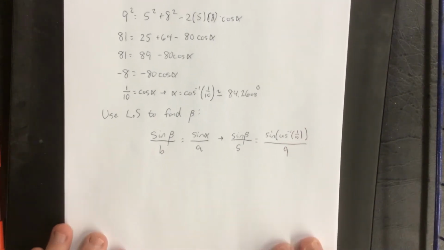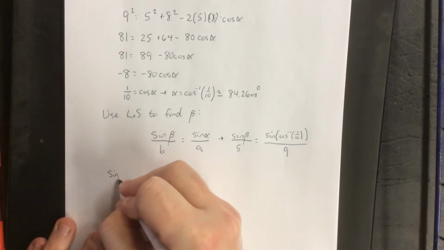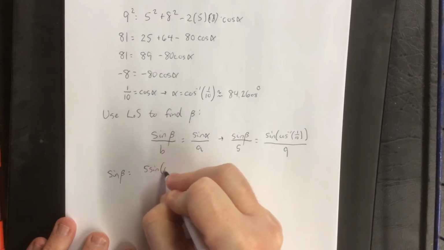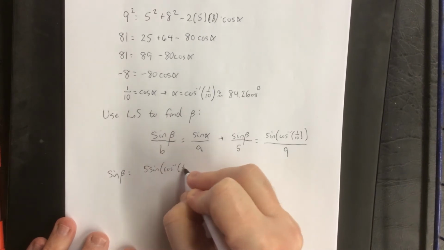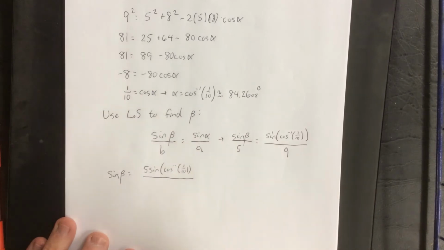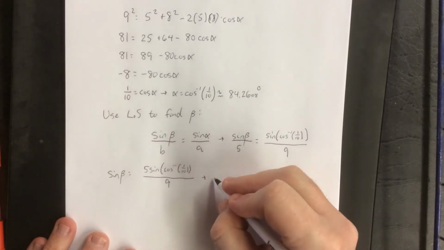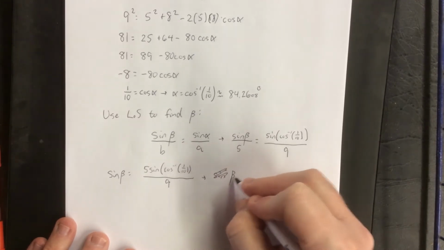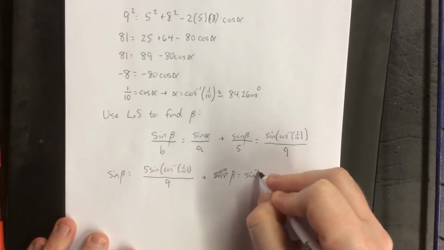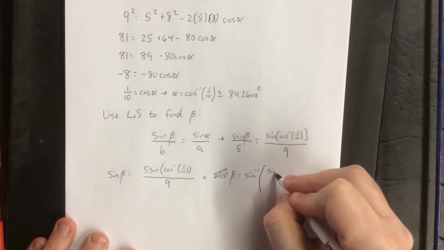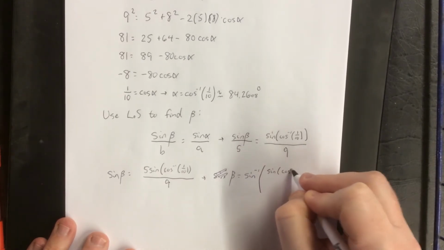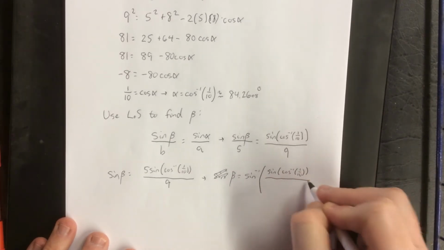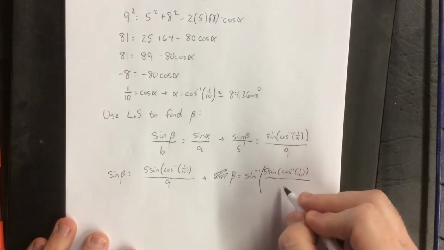I'm then going to multiply both sides by 5 to get that the sine of beta is equal to 5 times the sine of the arc cosine of 1/10 all over 9, and finally take an inverse sine of both sides. So we'll get that beta is equal to the arc sine of 5 times the sine of the arc cosine of 1/10. Oh, coefficient of 5 up there as well. That's all over 9.